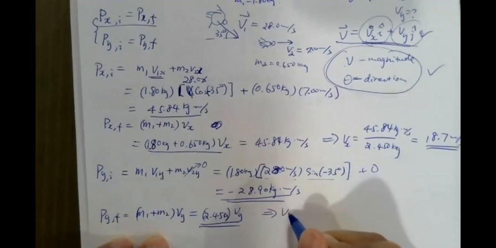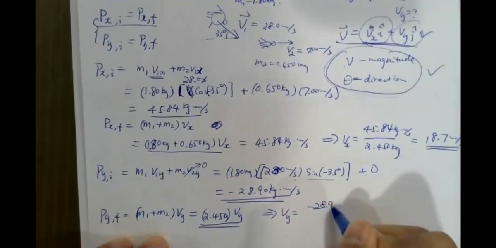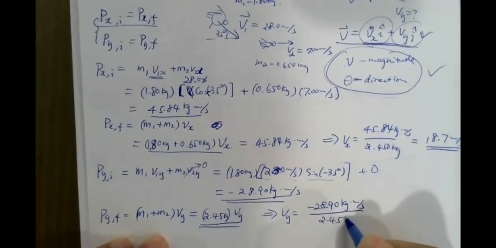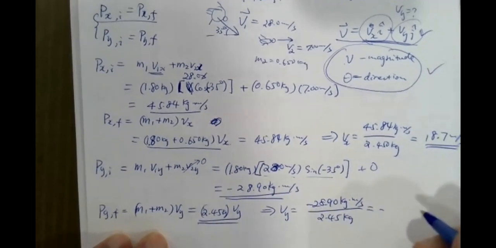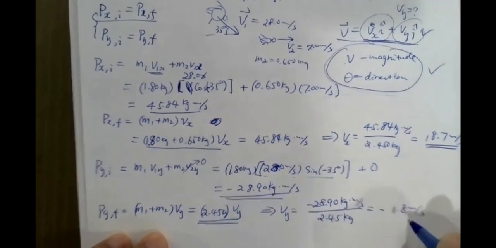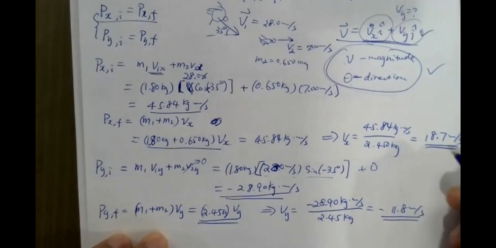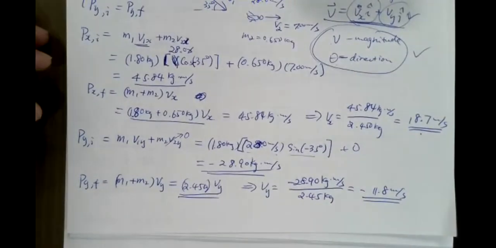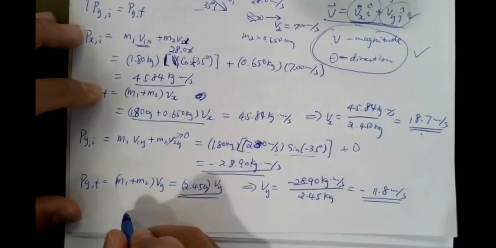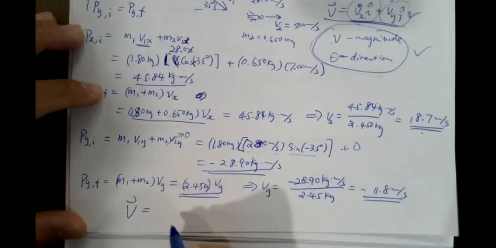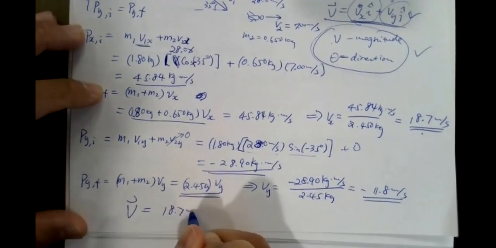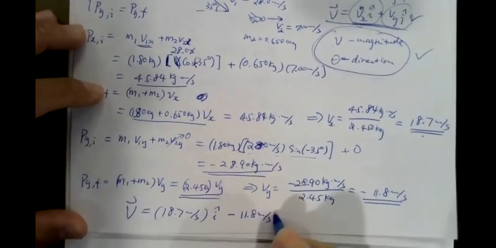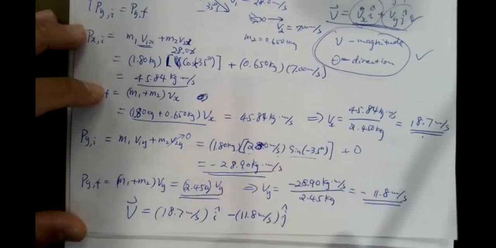So vy will be equal to minus 28.90 kilogram meters per second over 2.45 kilograms, which is negative 11.8 meters per second. So this is the y component and this is the x component. It asks for the final velocity of the two together, so you can write 18.7 meters per second in the i direction, minus 11.8 meters per second in the j direction.